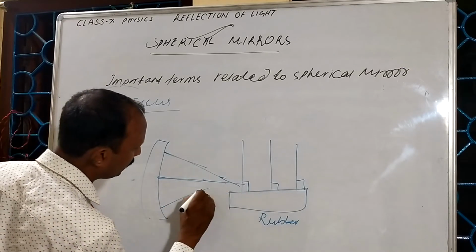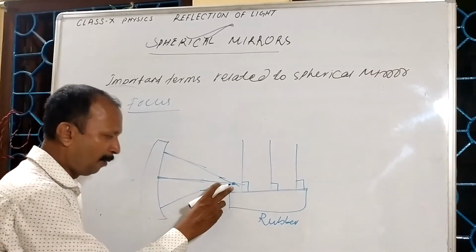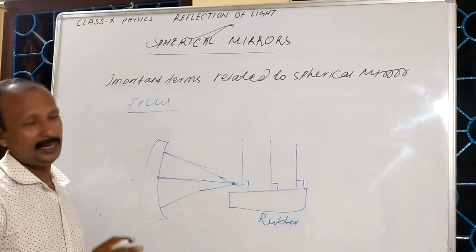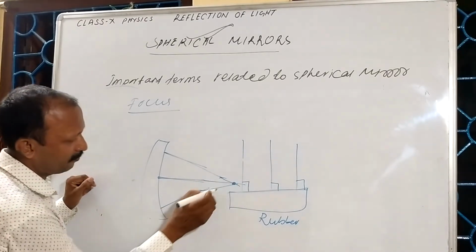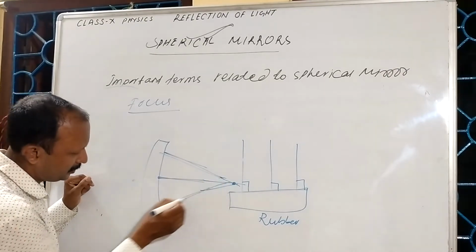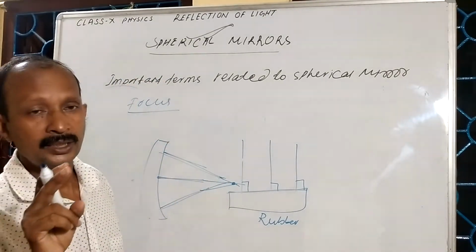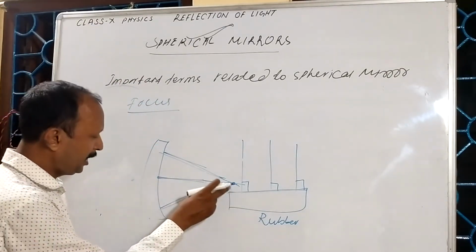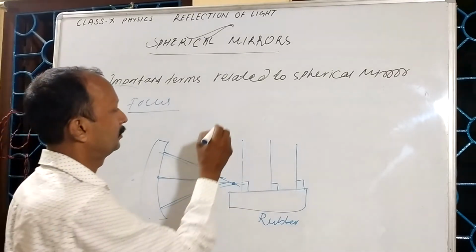If I extend them, you will get one common point. That common point is the center of curvature, and you see that these are the normals to the surface. That means I can say that the straight line which joins the center of curvature to any point on the spherical mirror is a normal.